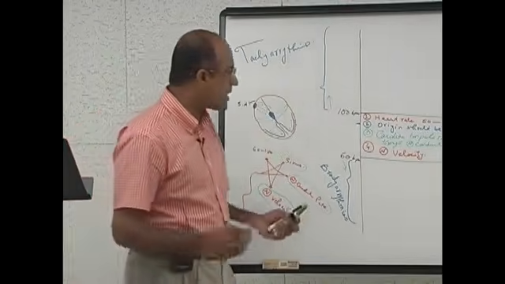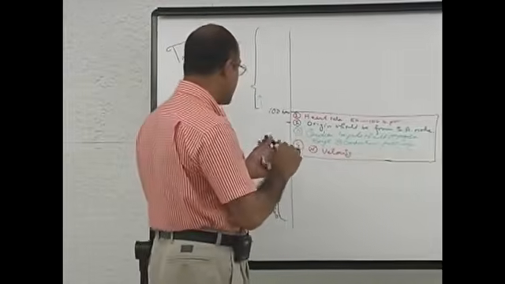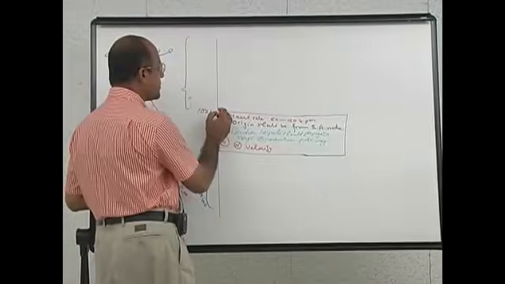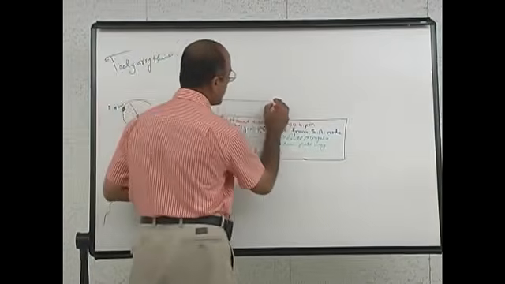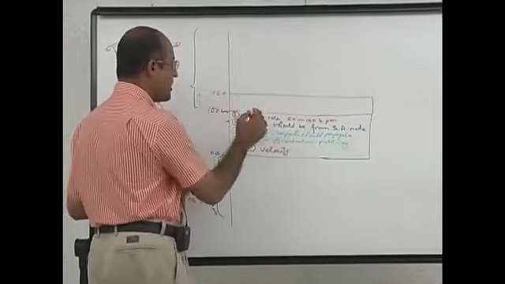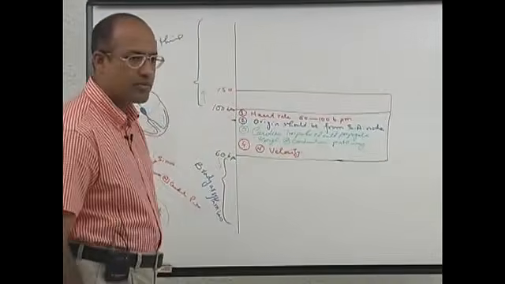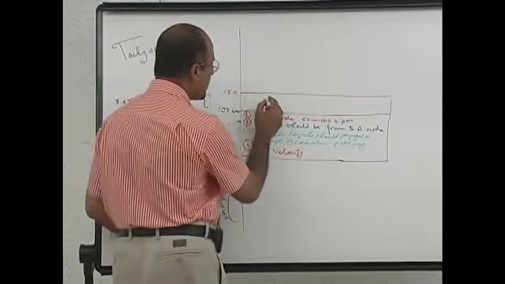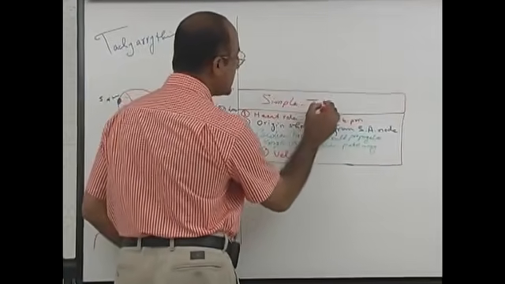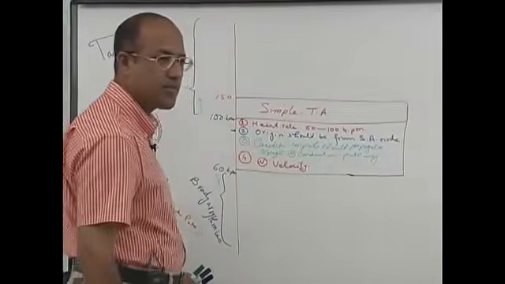Now, about the tachyarrhythmias, again there is a simple classification. If tachyarrhythmias are somewhere between 100 to 150 beats per minute, we call them simple tachyarrhythmias.